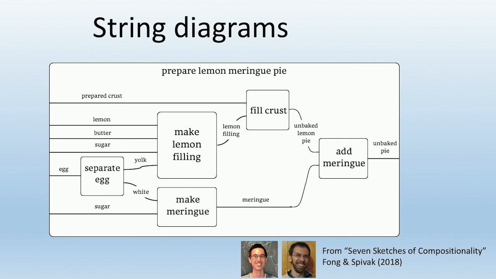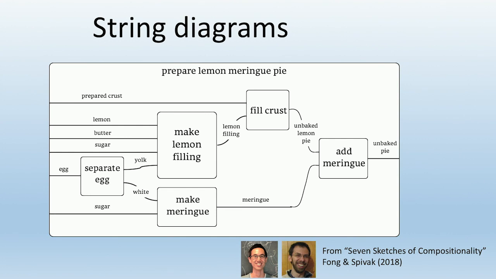This is a visual language for displaying the compositional relationships between things. And depending on what category you use, you can describe very, very different things in these kinds of diagrams. But crucially, they're just so intuitive that you can do all your hard work, and then many, many people can potentially read these diagrams.